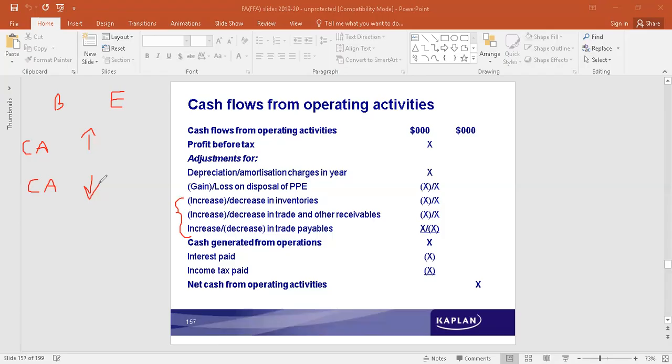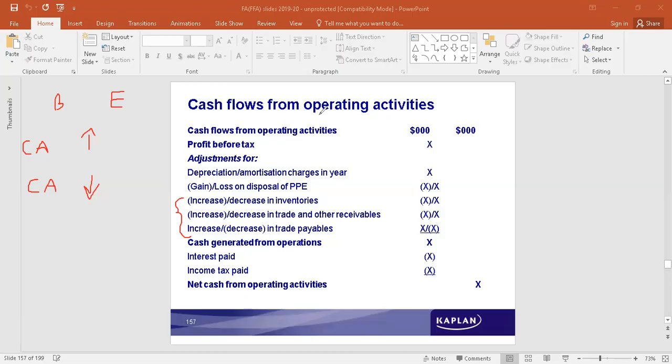Additional investment in goods sold on credit is an increase in receivables. An additional amount of prepaid expenses, these things result in cash outflow. If the current asset increases, it is an outflow, it is deducted.